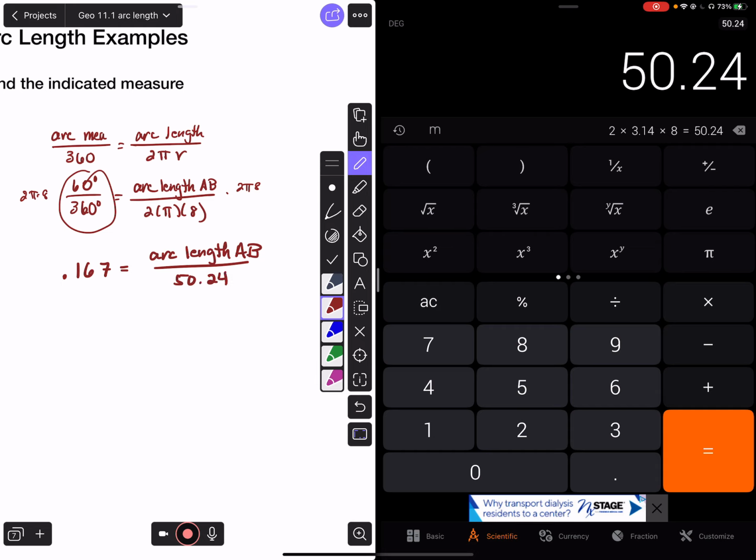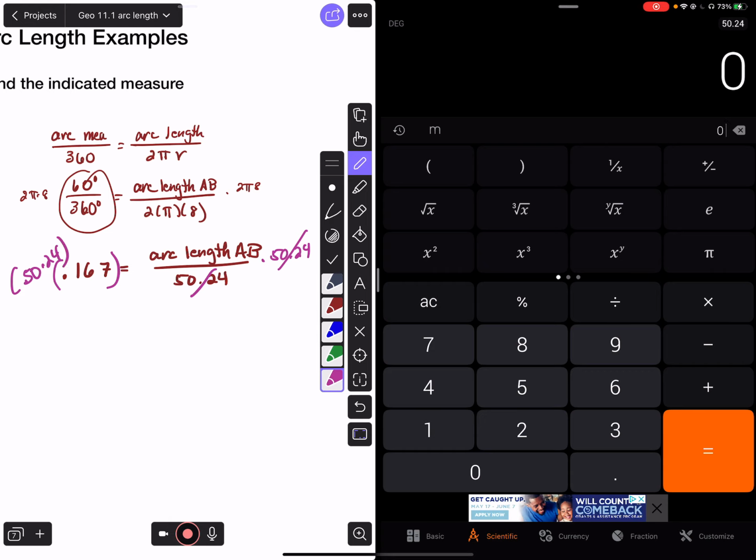And we get 50.24. And now we just have to multiply by 50.24 on both sides. On the right side, it will cancel. And on the left side, we will finally have our answer. So I'm going to clear that out. I'll type in my 0.167 times 50.24.